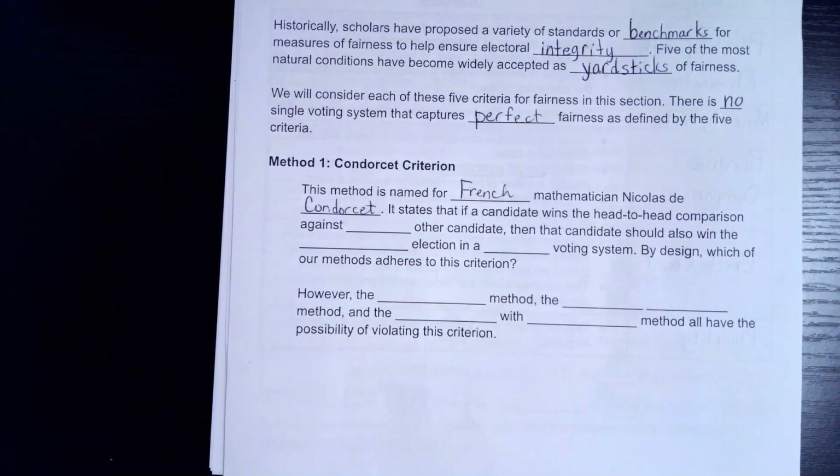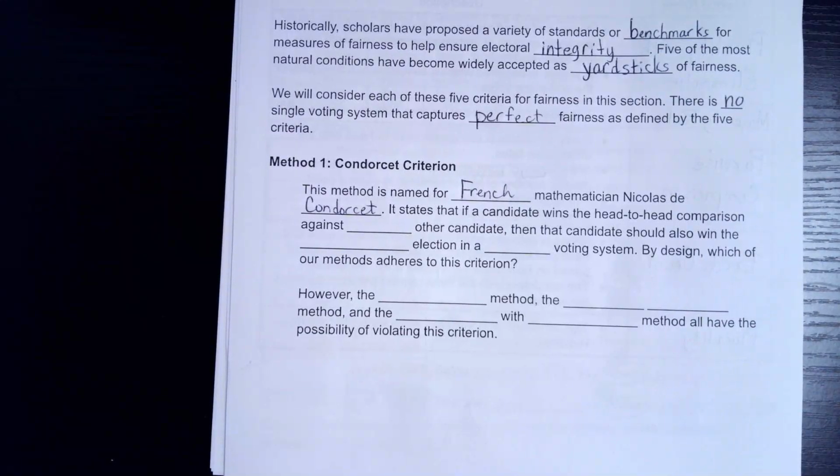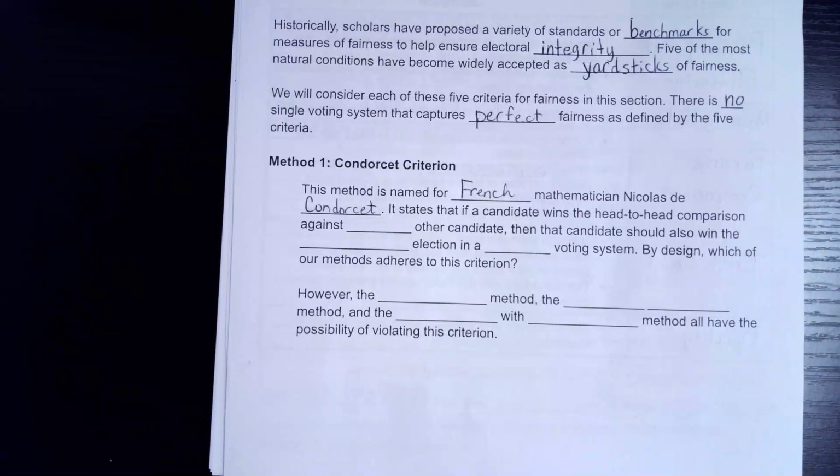He lived in the 18th century. He died mysteriously in a Paris prison during the French Revolution. I think a lot of people died mysteriously in Paris prisons during the French Revolution. He had been a French noble, and the revolution was not very kind to them.